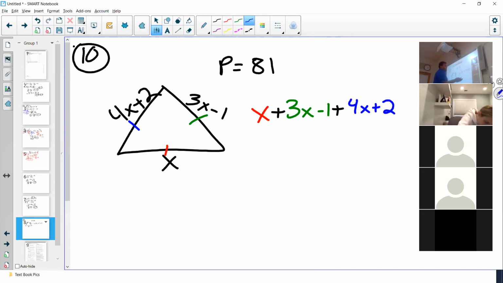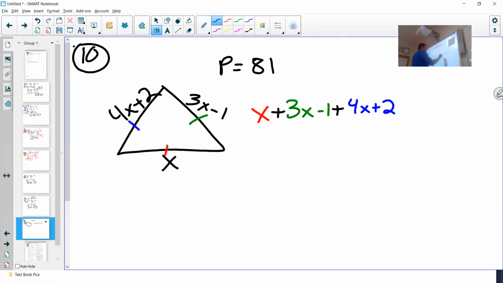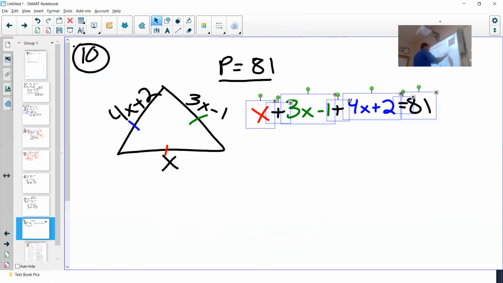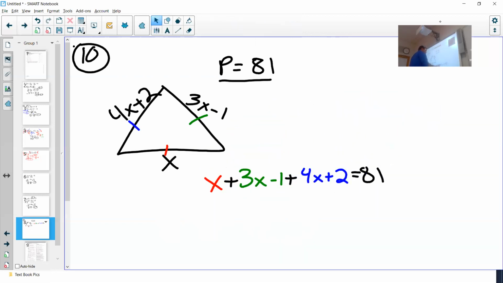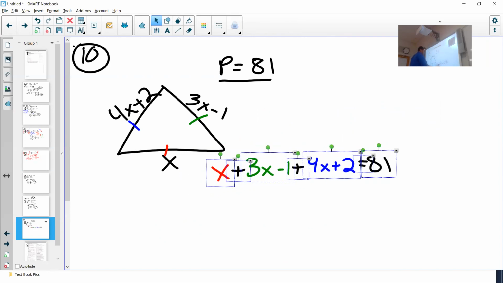You don't need all these colors, by the way. I'm just using colors to help analyze where we're getting it from. Because the perimeter is all the pieces added up, these pieces should add up to the perimeter, 81. So the key part here is that this is the equation you need to use to find x.